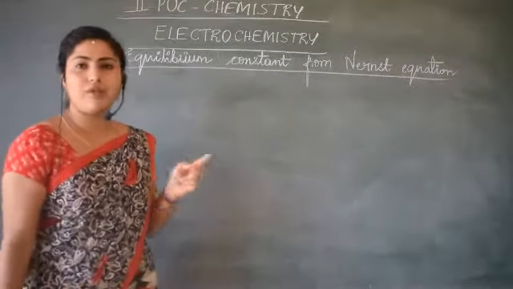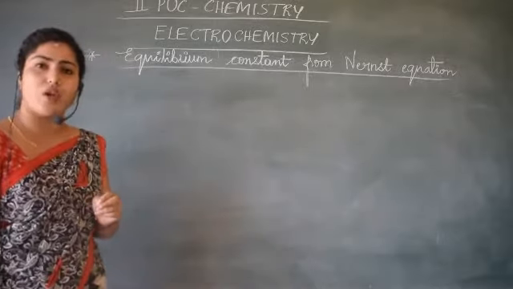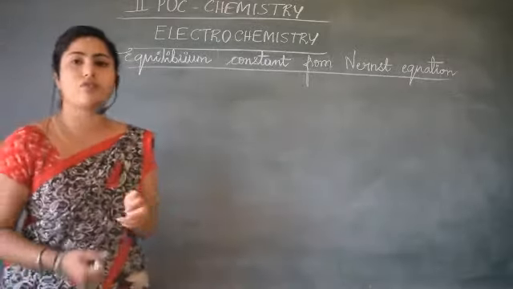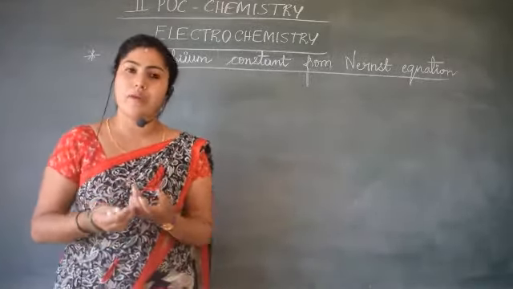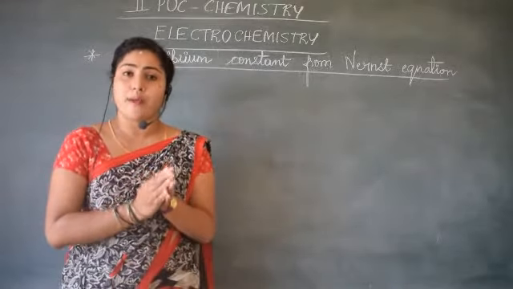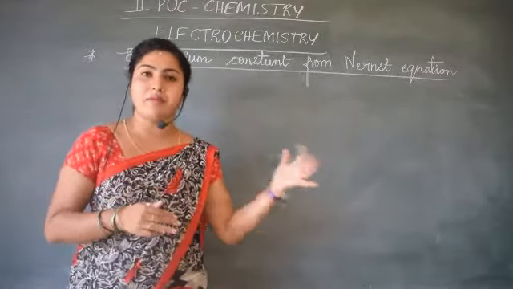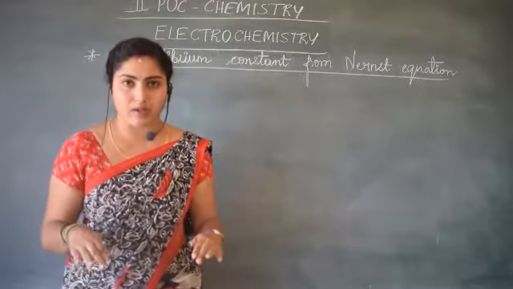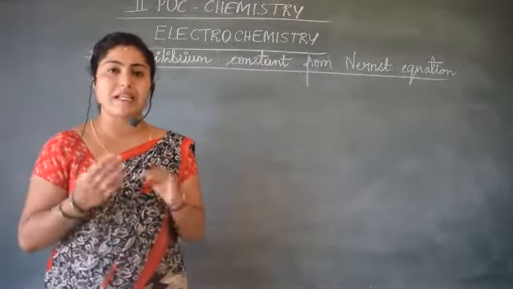So when I say equilibrium constant, what comes to your mind is that there is something related to equilibrium. We know equilibrium is that stage where the forward reaction and backward reaction rates are equal. Both take place at equal rate.